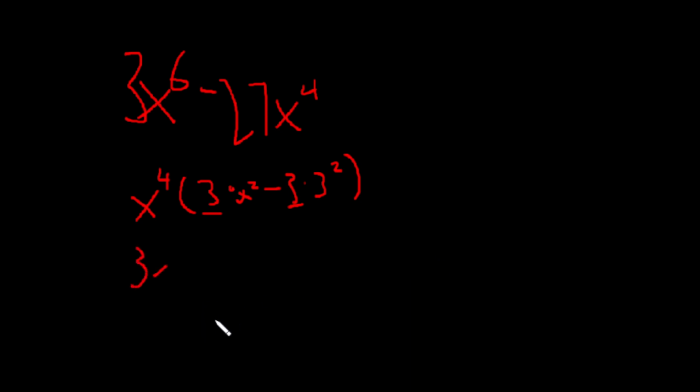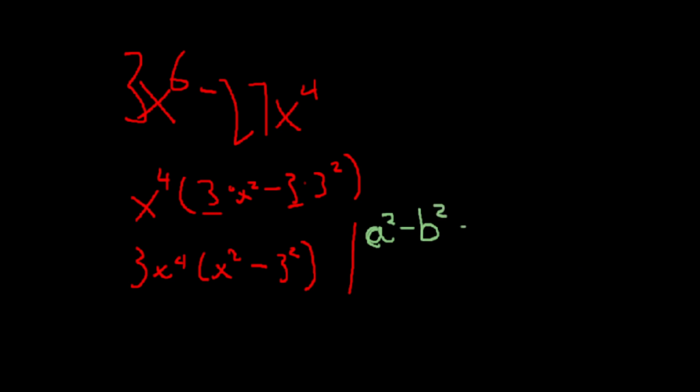So that's 3 times x squared minus 3 squared, and this is our principle. This is some formula in algebra called difference of squares, a squared minus b squared.